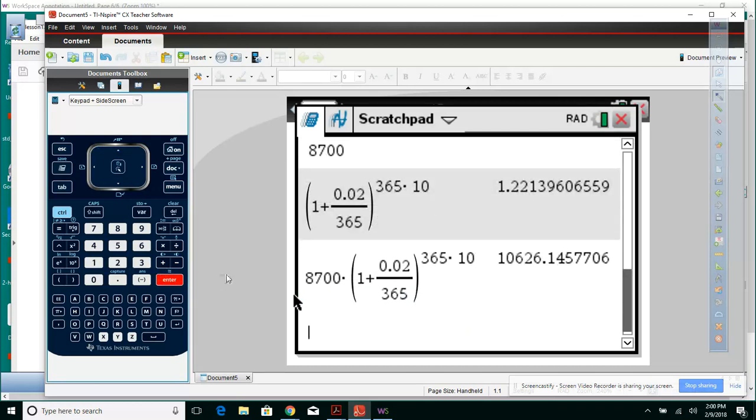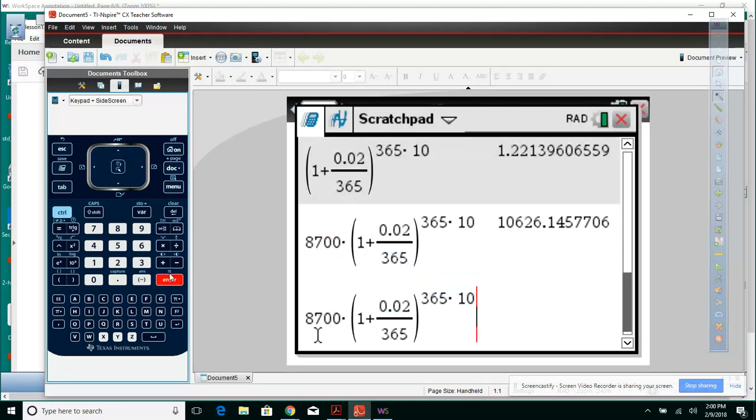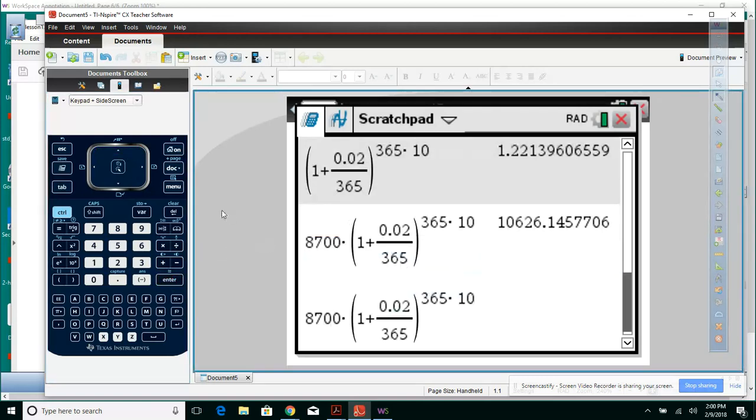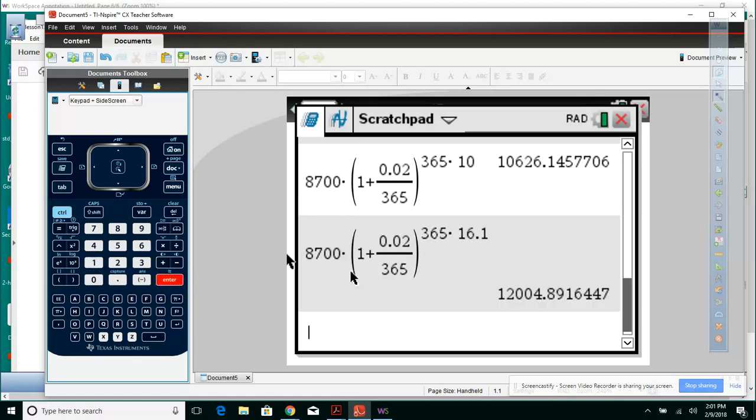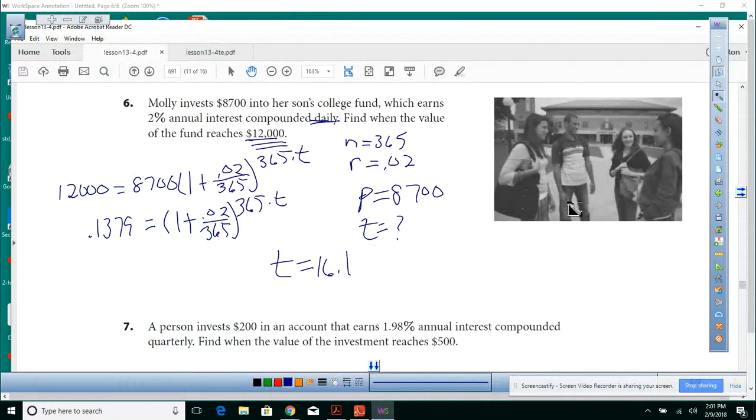We were looking to get to 12,000. Let's change this to 16. And we had 16.1, and that's probably slightly over, yeah, slightly over for rounding. There we go. So it works.